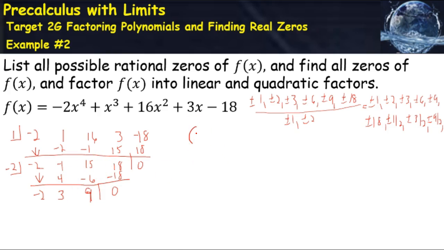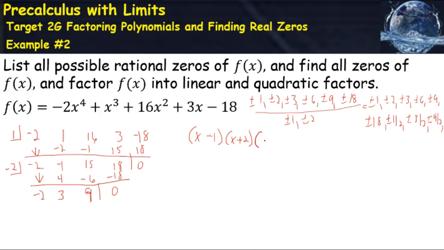So I have the x minus 1, which is the factor that goes with plus 1, and x plus 2, which is the factor that goes with negative 2.